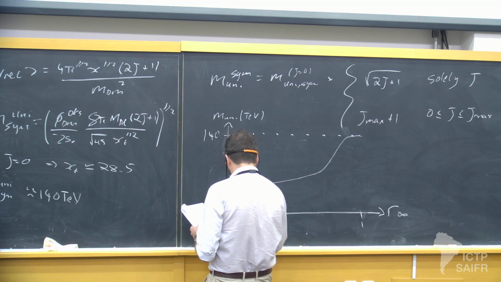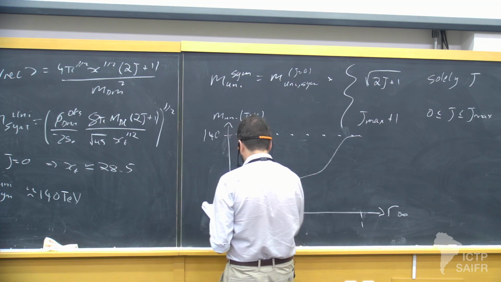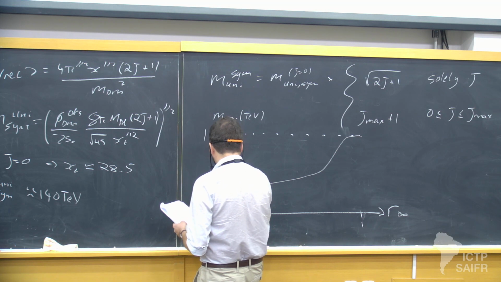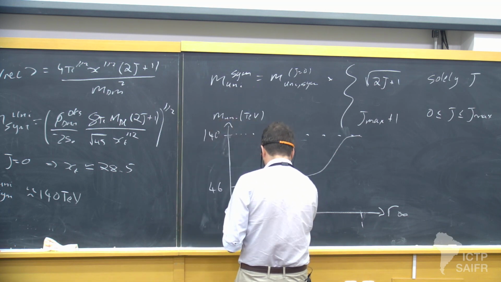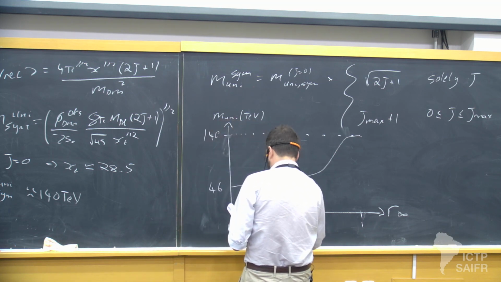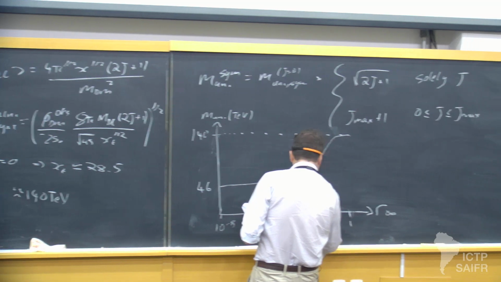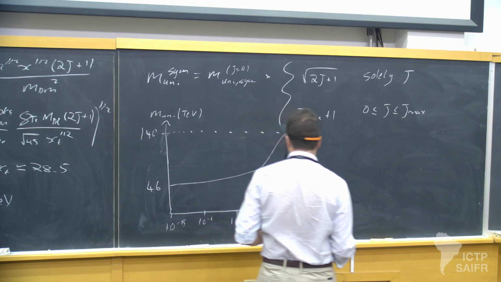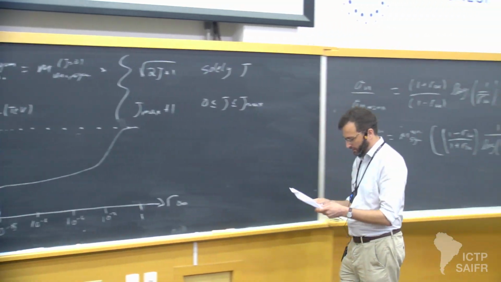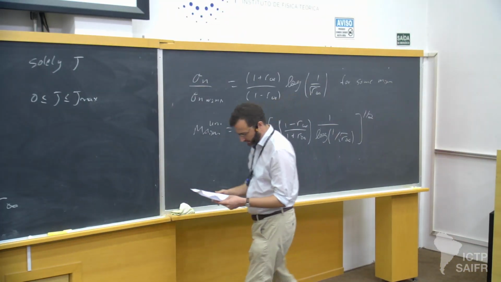This would be 10 to the minus 8 here. It reaches a value of about 46 TeV, 10 to the minus 6, 10 to the minus 4, 10 to the minus 2, something like this. Yeah? This is just a plot of this function.